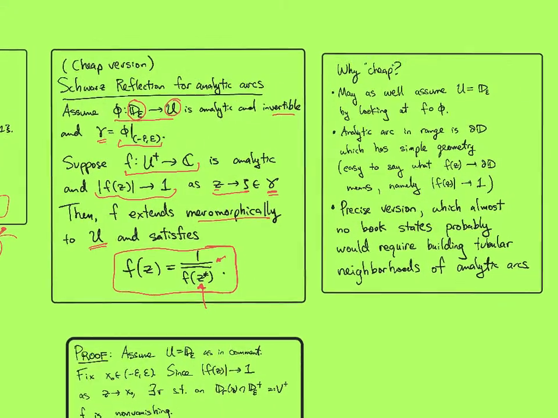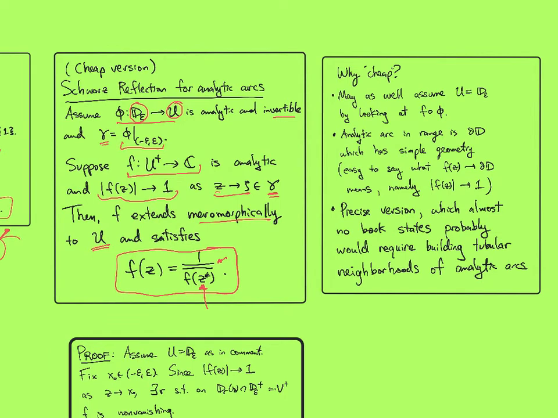Well, since it's parameterized by a single analytic function, you may as well just look at F composed with phi. And the analytic arc in the range is just the unit circle and has a simple geometry. So it's easy to say what it means that f of z tends to the boundary of the disk. You just say that the modulus tends to 1.